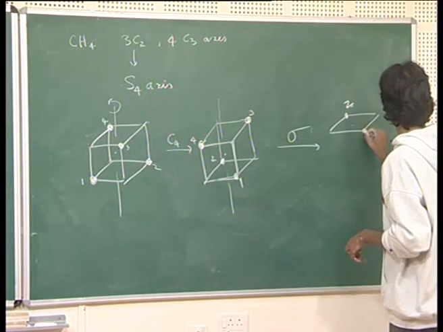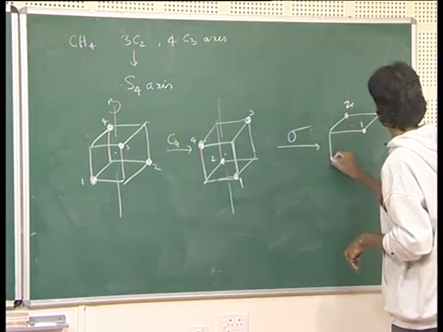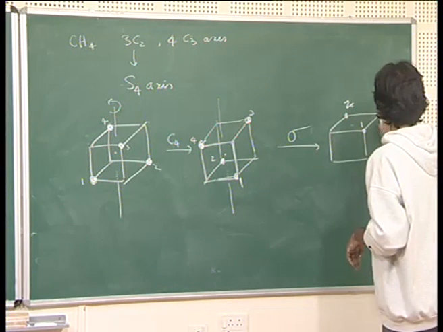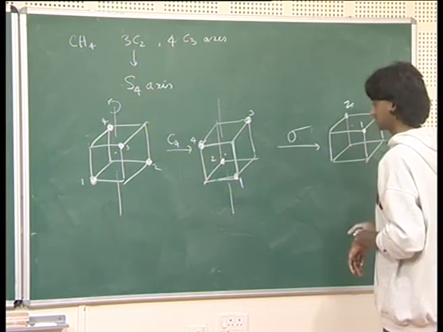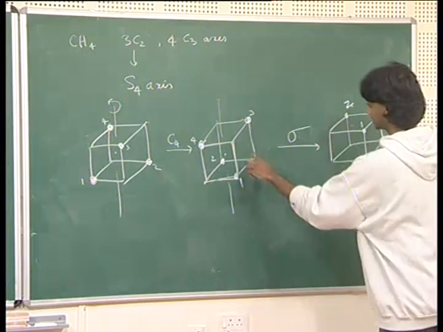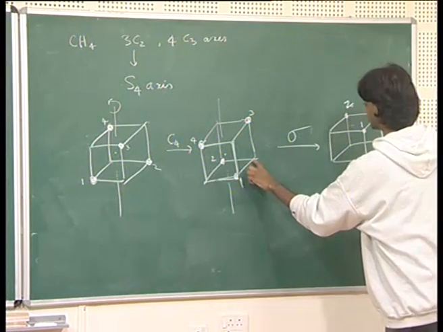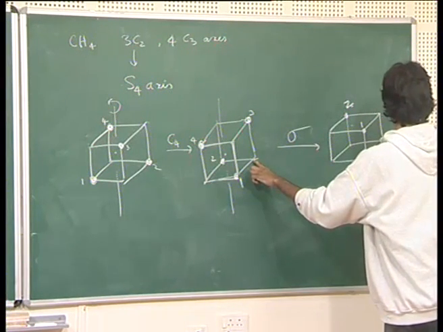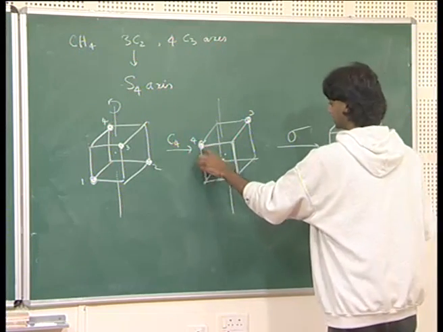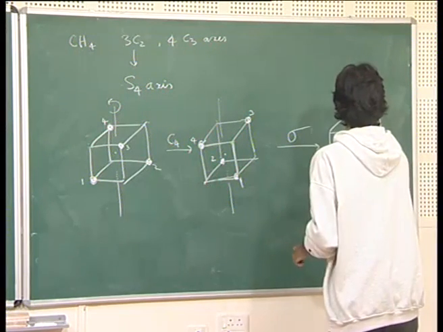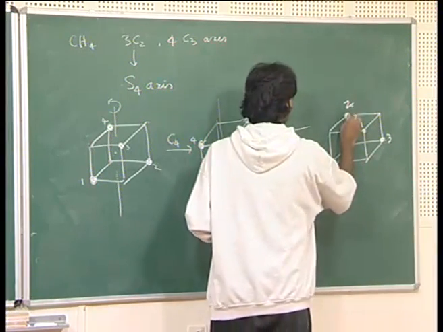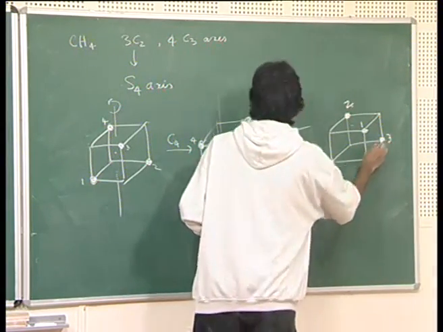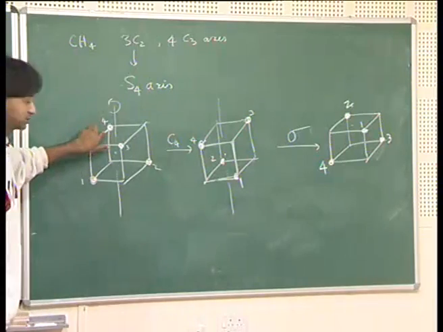Now, if you do a sigma, then 2 comes here, 1 comes here. Similarly, 3 will get reflected down here, so 3 will end up here and 4 will get reflected down here. So, that is what you have, 1, 2, 3, 4, and you can see that this is completely equivalent to this.